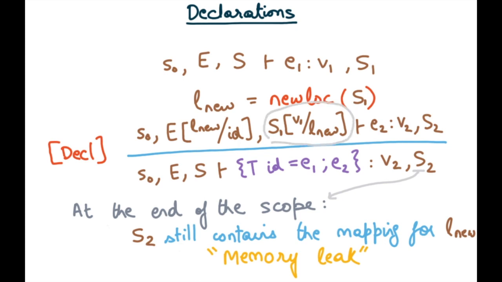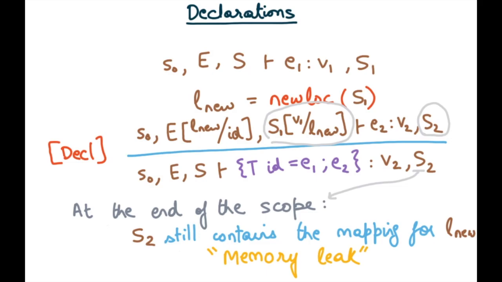And we continue to maintain that mapping even after the scope has ended. So at the end of the scope, S2 still contains a mapping from the newly allocated location LNU. This is similar to the condition of a memory leak. Ideally, after the scope is finished, the new location would no longer be active and could be returned, but that's not reflected in this rule. So this is the situation of a memory leak in our rule.